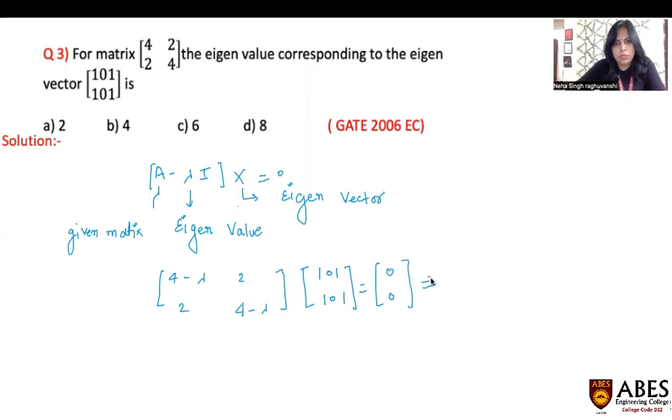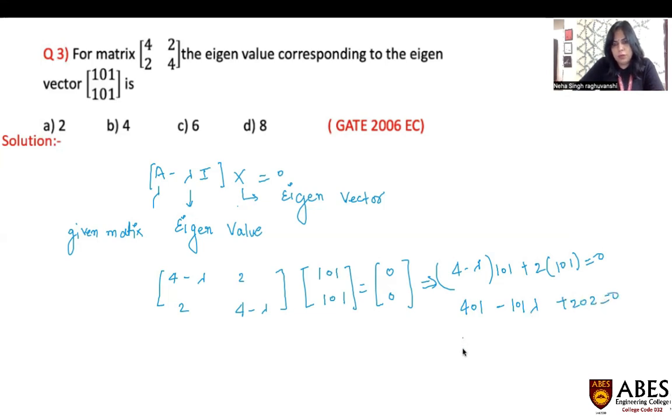Now, after solving this equation, we'll get 4 minus lambda multiplied by 101 plus 2 into 101 is equals to 0. That is 401 minus 101 lambda plus 202 is equals to 0.